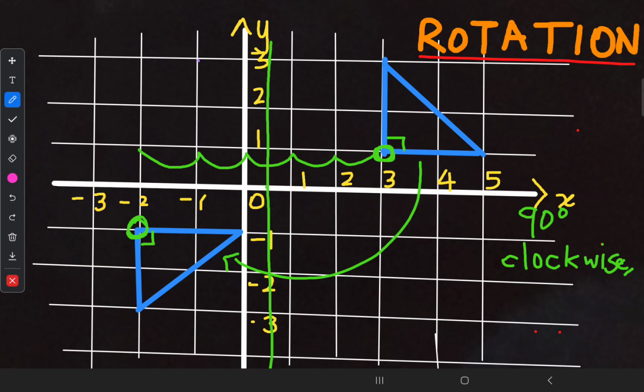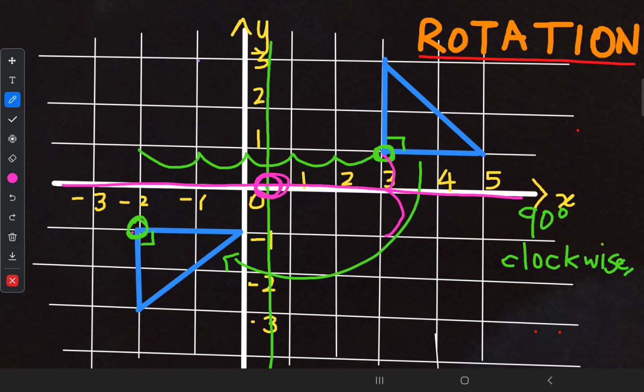Then let's find the displacement in the vertical manner: 1, 2. That means this is the particular point through which this triangle is rotating.